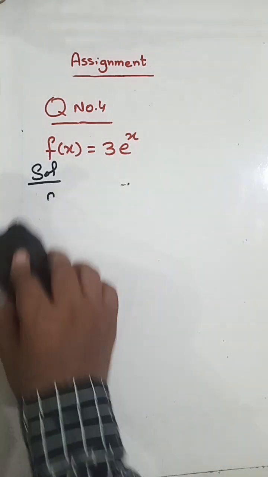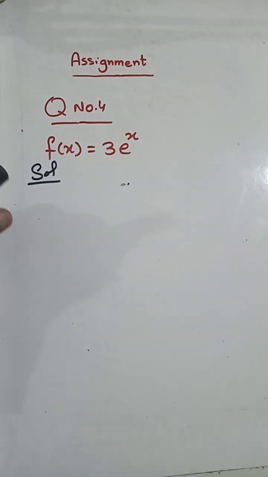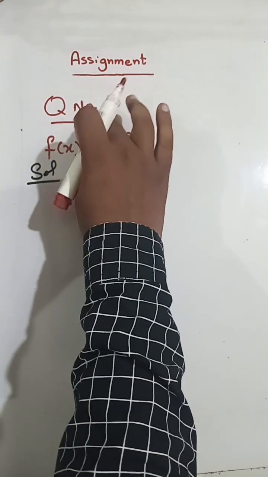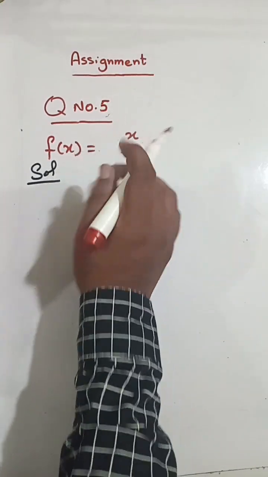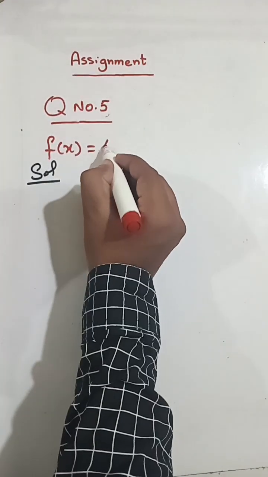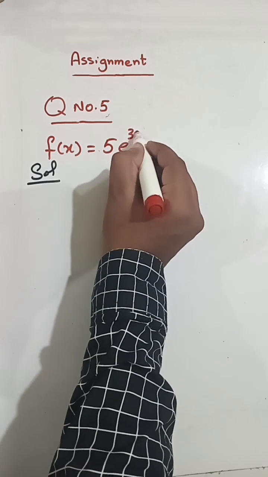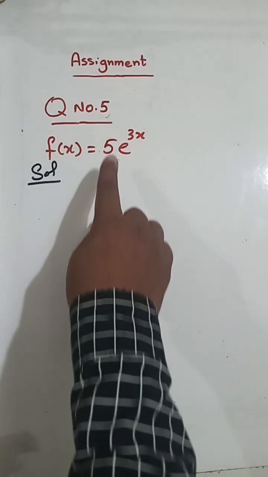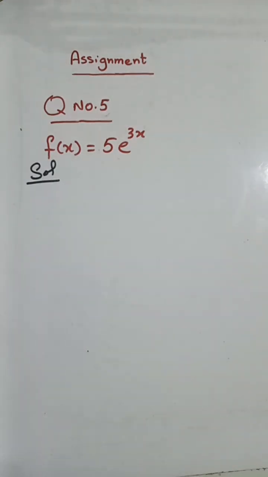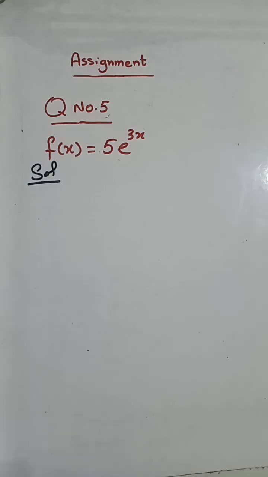Now my brother, question number 5 is 5 e raised to power 3x. Now as I have explained, we cannot make this 5 as 0 just because it is being multiplied by a function. It is not added or subtracted.